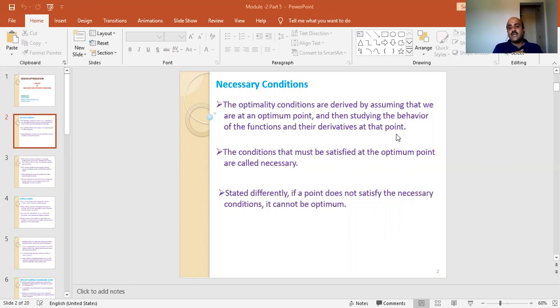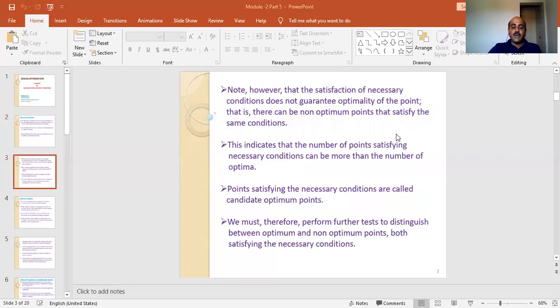If you say a point is an optimum point, it needs to satisfy the necessary conditions. If a point does not satisfy the necessary conditions, it cannot be an optimum point.